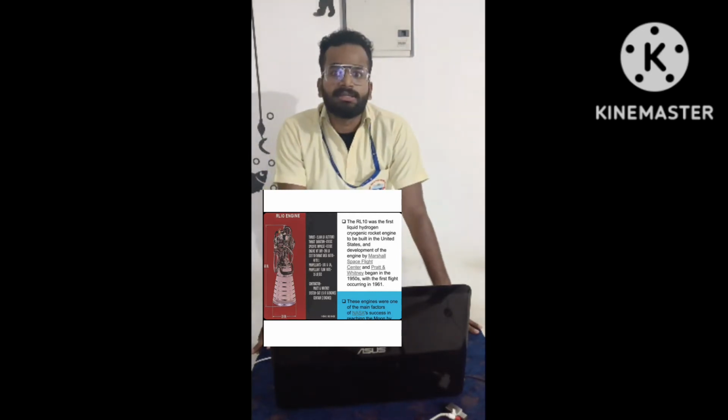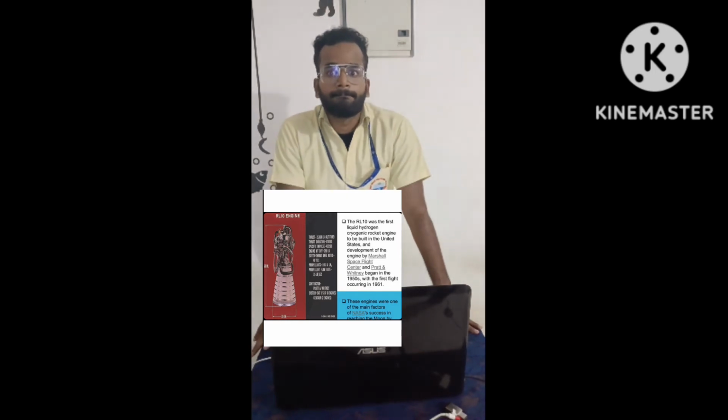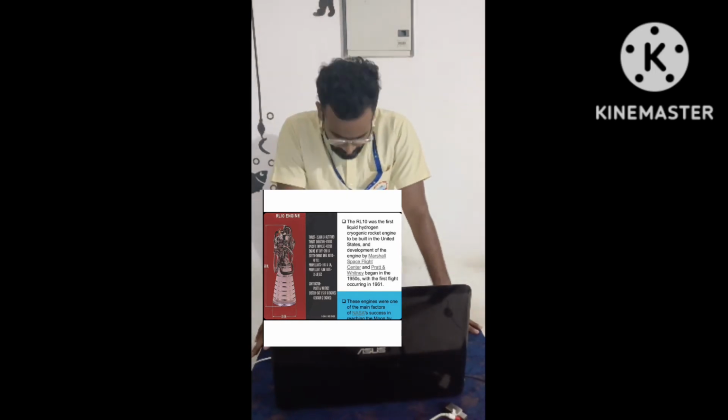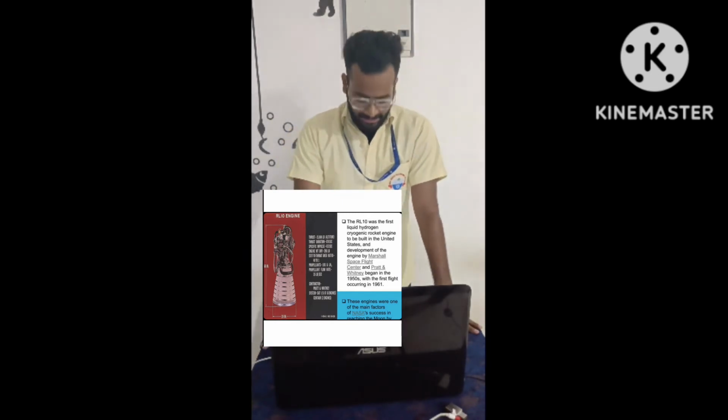These engines were one of the main factors in NASA's success in reaching the moon.